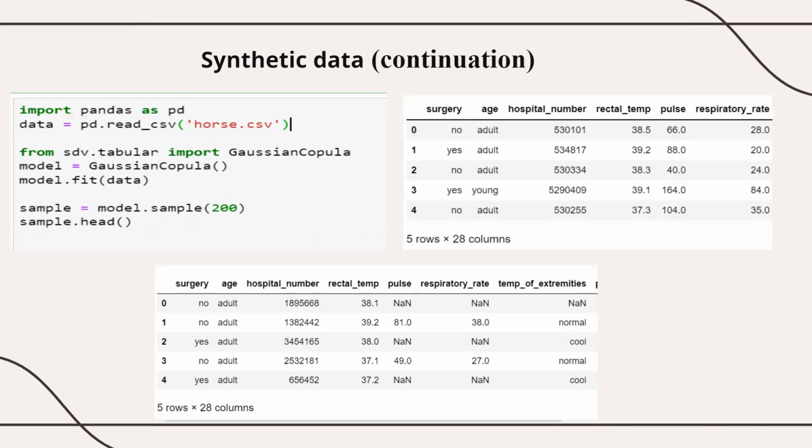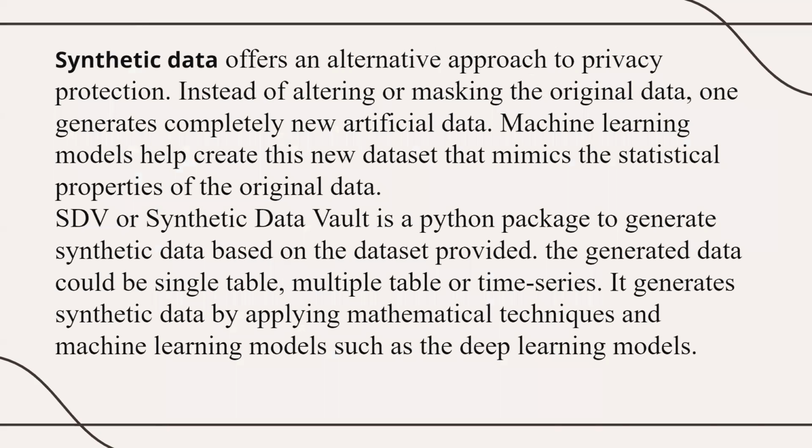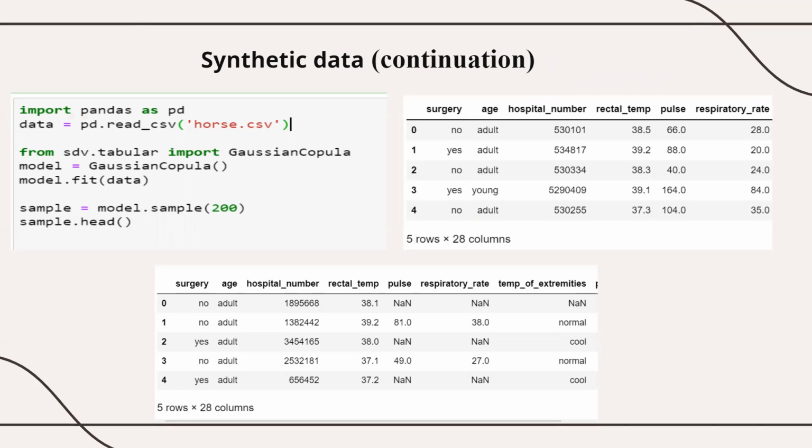We read in data that was hosted in a CSV file called horse, and we also use a method in the SDV package called Gaussian Copula, which makes use of mathematical techniques to generate this data. We then fit this model to our original data, and hence it generates synthetic data based off the data that we provided.